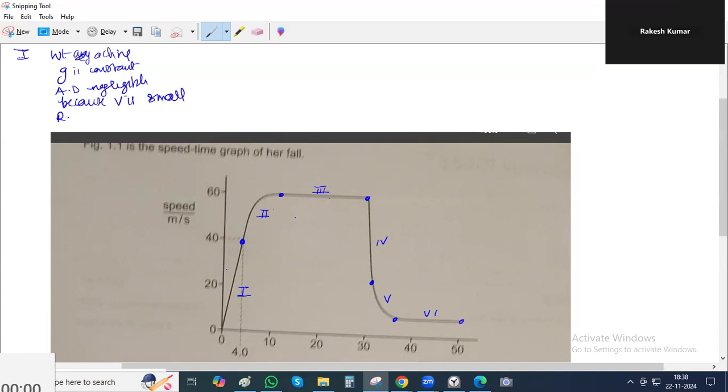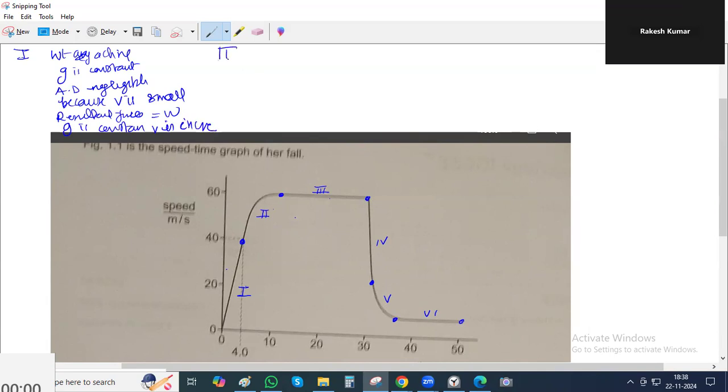So resultant force is equal to weight, and so G is constant and acceleration is constant and velocity is increasing. So this is all about the first part, increasing.